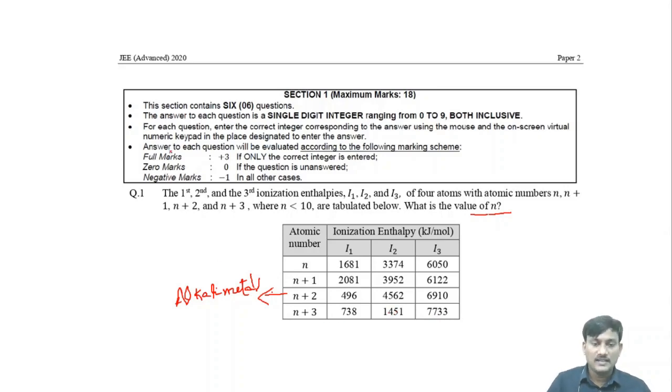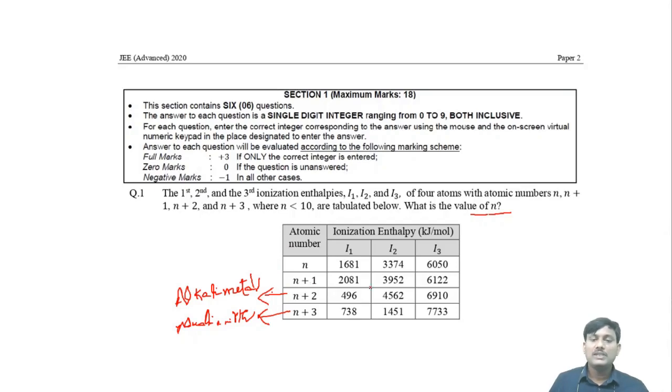So this indicates that the n plus 3 atom is an alkaline earth metal, and n plus 2 is an alkali metal.